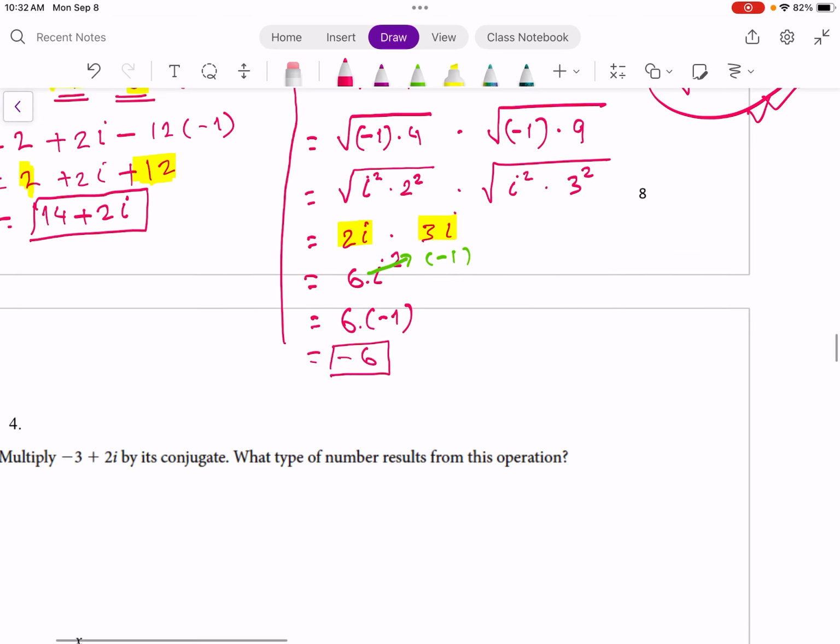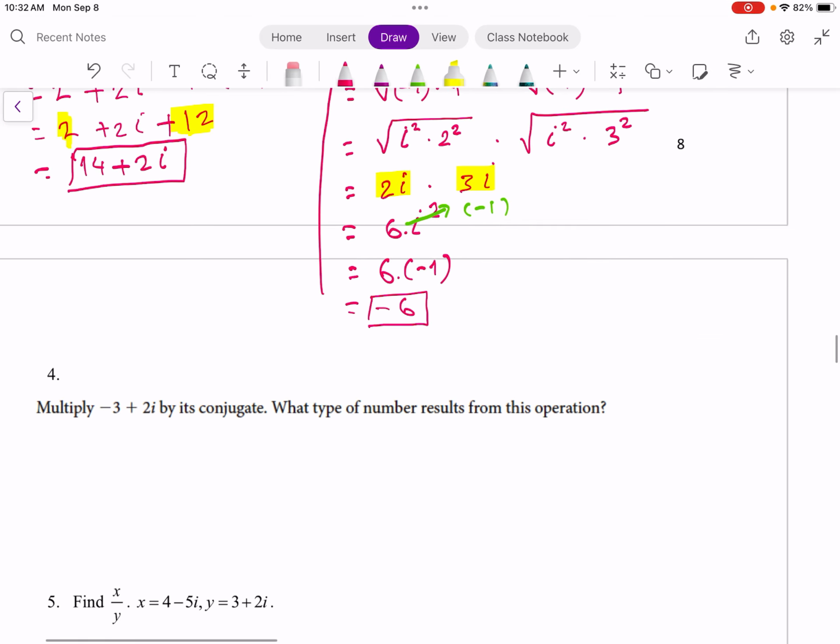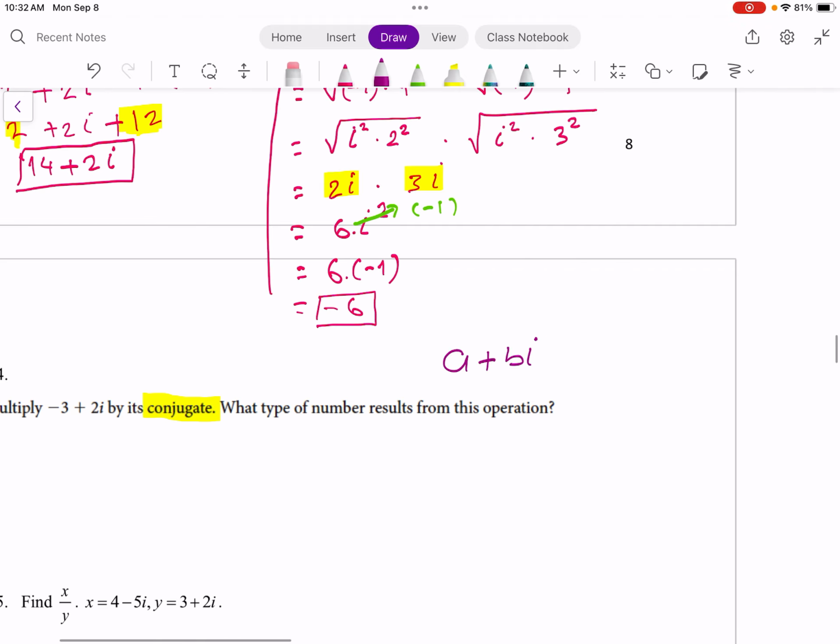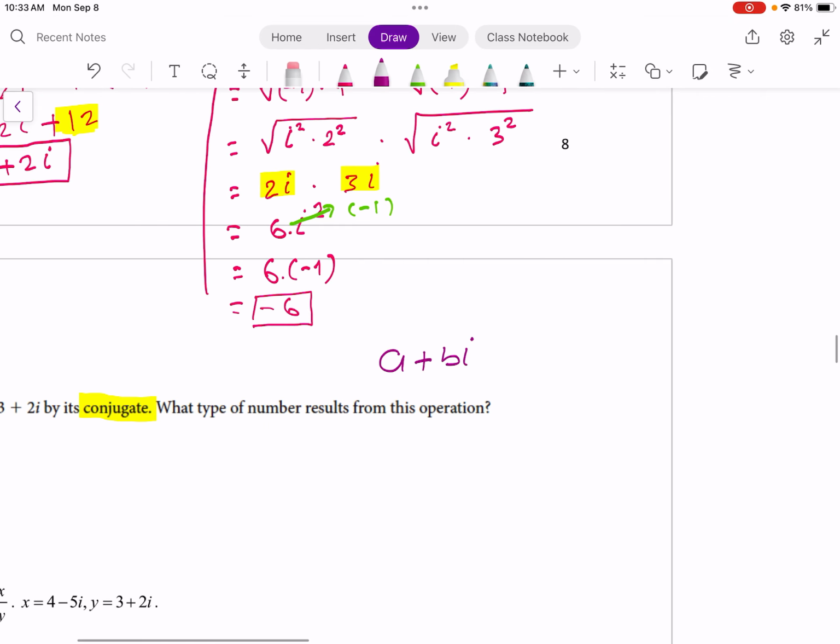Next we'll talk about the conjugate. Our complex number in general is a plus bi. Now the conjugate of this complex number: you switch the sign of the imaginary part. If it's positive, make it negative.